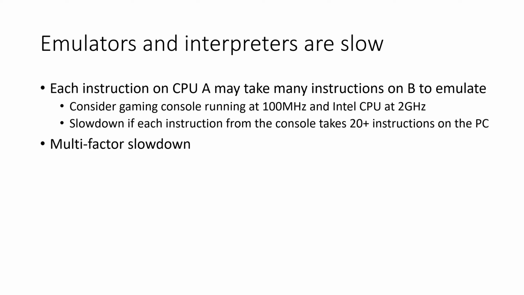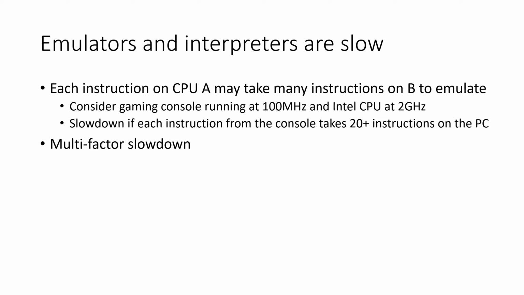But if each instruction from the gaming console takes more than 20 instructions on the PC to emulate, then the game will run slower emulated on the PC than it would run on the gaming console directly. And this is just the big overhead that we get with emulation.